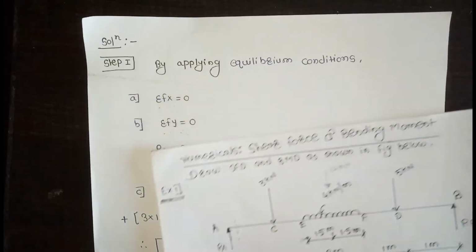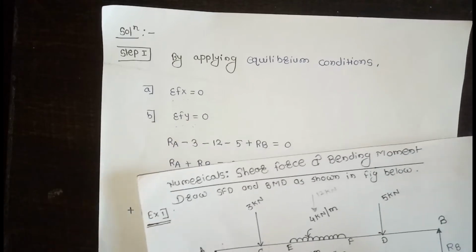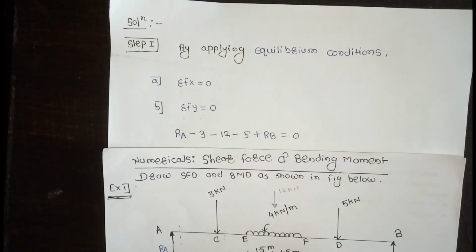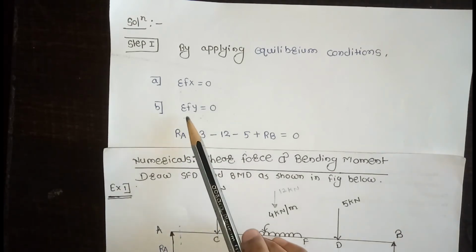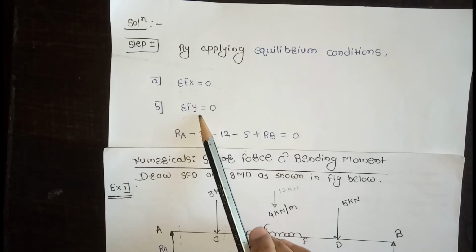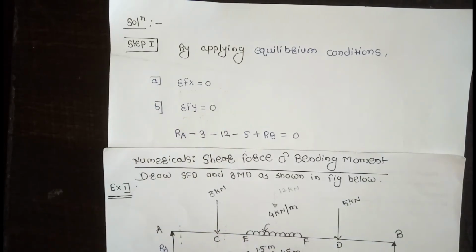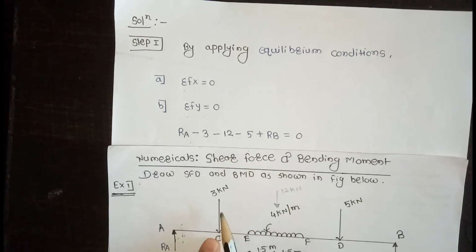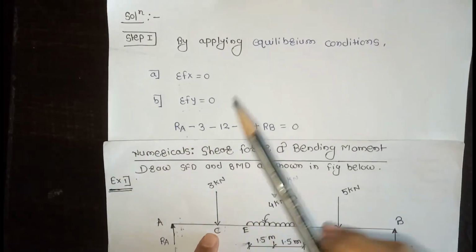So in this diagram, summation Fy is equal to 0, the algebraic sum of all y components is equal to 0. Upward force is taken as positive direction and downward force is taken as negative direction. So first upward force RA, plus downward force 3 kN, means minus 3.